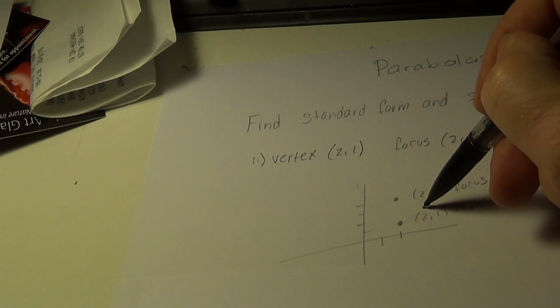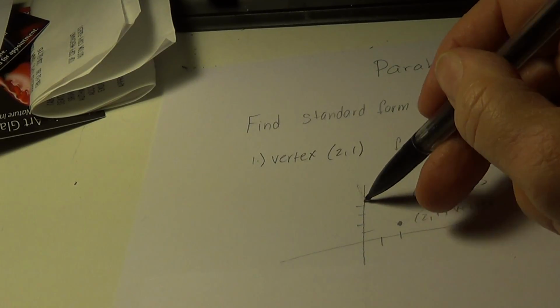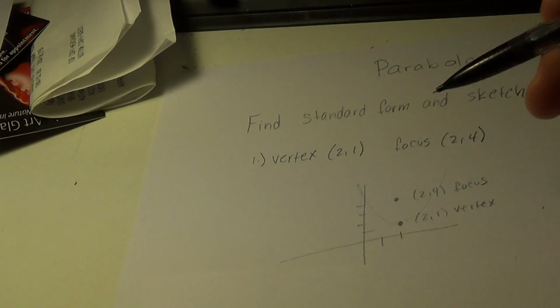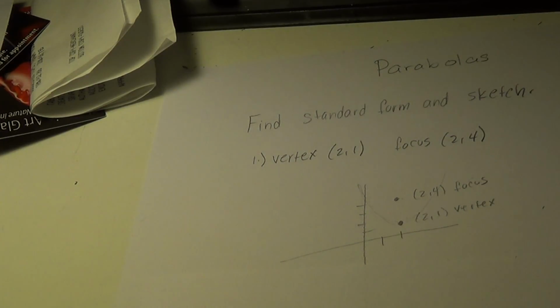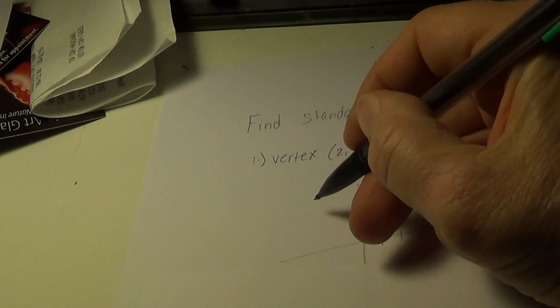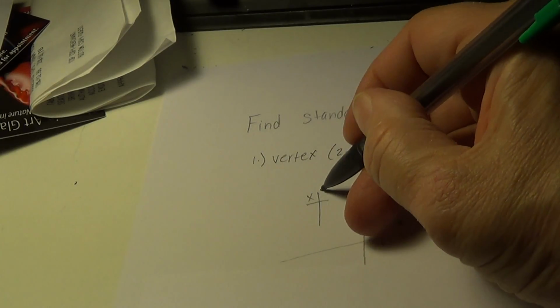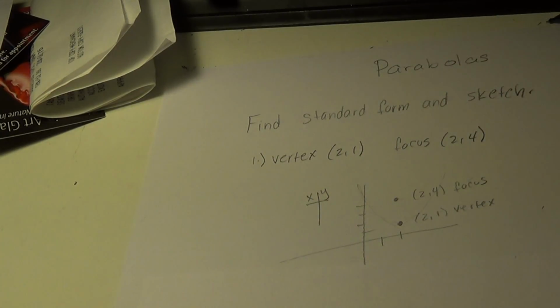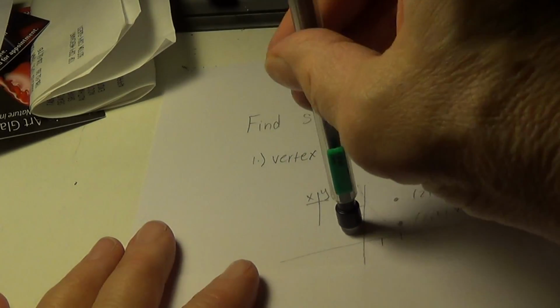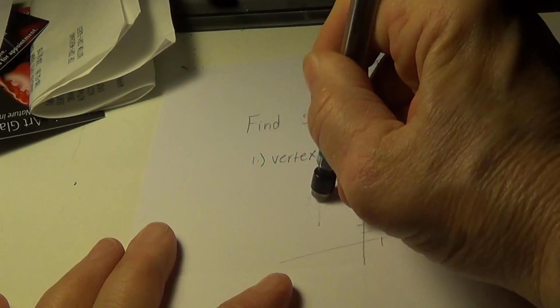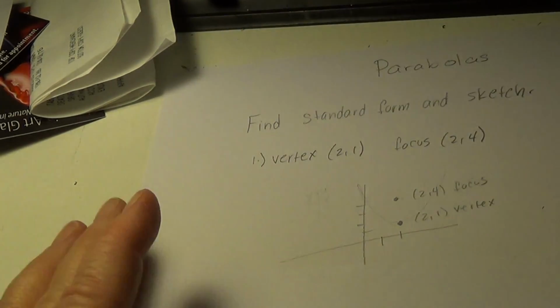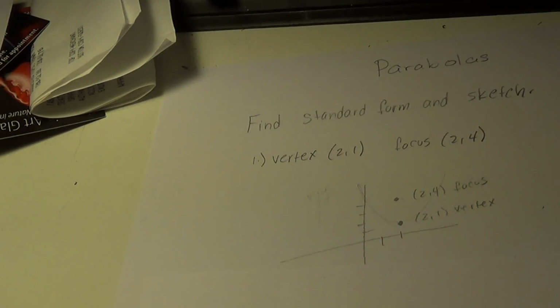This could be the extreme point, in this case the lowest point, and it envelops the focus. Notice I drew it very lightly because I don't know how wide the parabola is. I'll come back to the XY chart and sketch it last.